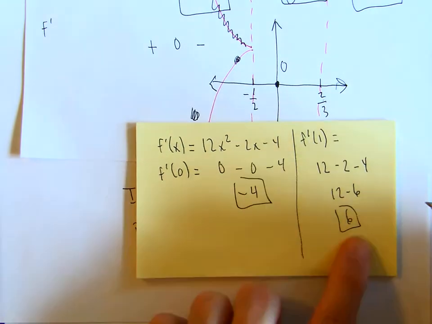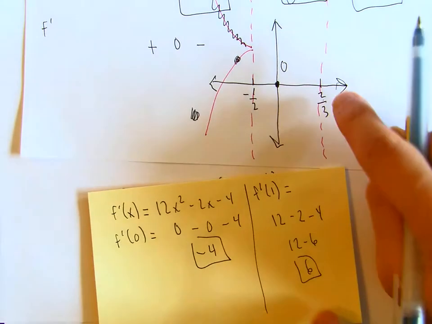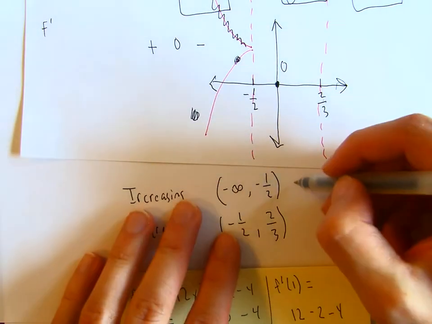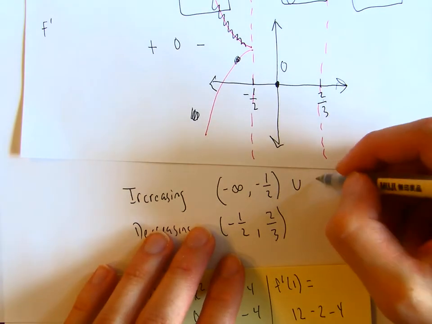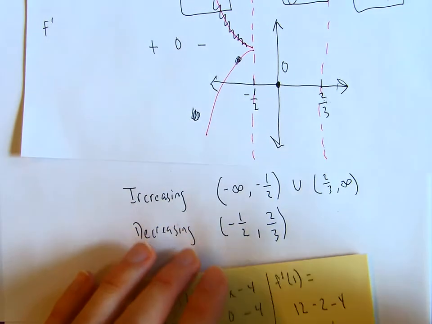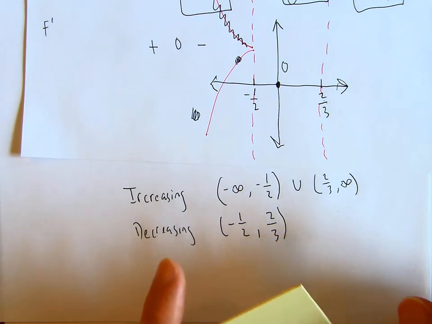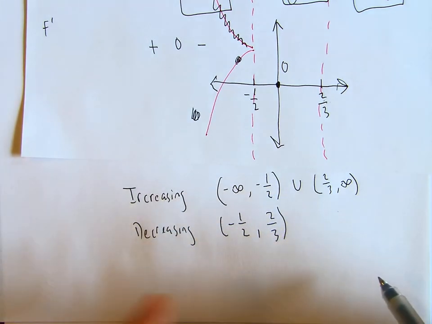Notice that we get a value of 6, and this number is positive. So we know that to the right of 2/3, the graph has to be increasing from 2/3 to infinity. Okie dokie. That is for increasing and decreasing.